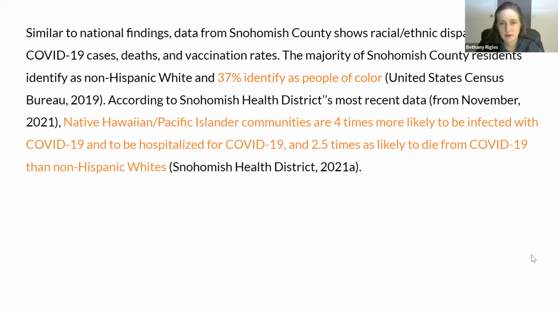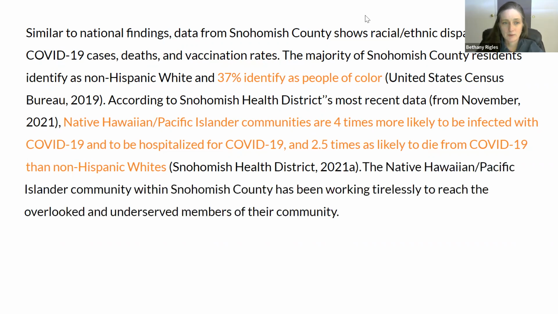According to Snohomish Health District's most recent data from November of 2021, Native Hawaiian Pacific Islander communities are 4 times more likely to be infected with COVID-19 and to be hospitalized for COVID-19, and 2.5 times as likely to die from COVID-19 than non-Hispanic whites.